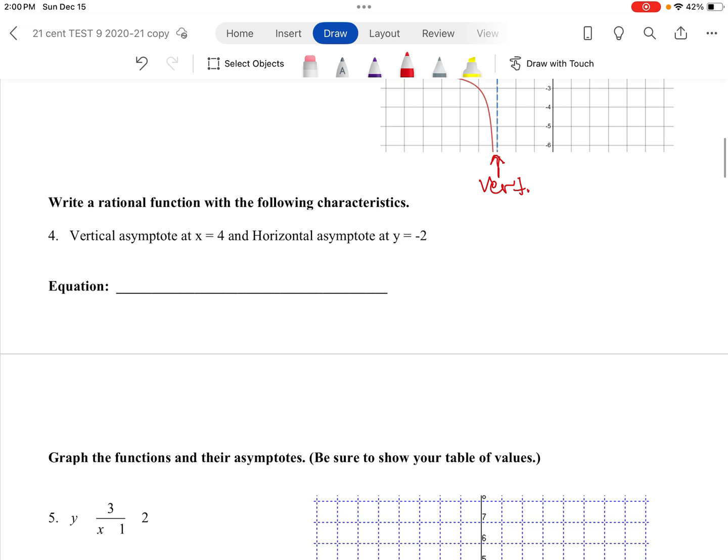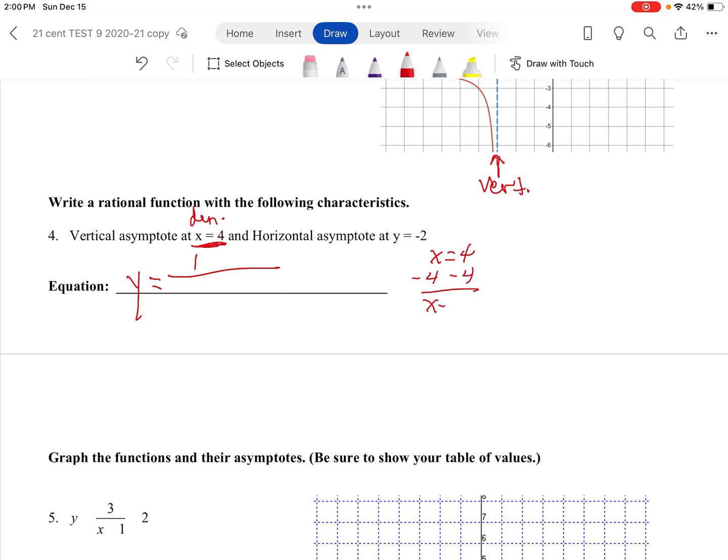Number 4, write a rational function with the following characteristics. Vertical asymptote of x equals 4. So this has to go in the denominator. So y equals, you can put any number you want. I'm going to put a 1. And to take it from x equals 4 back to the factor, I would have to subtract 4 from both sides.